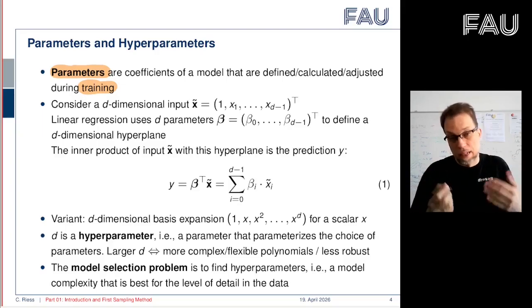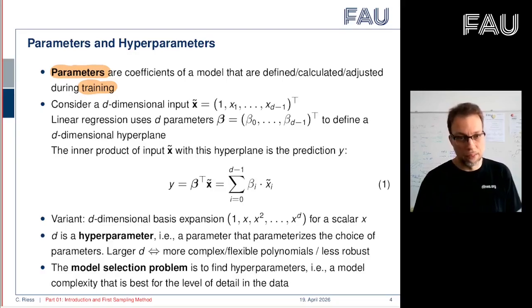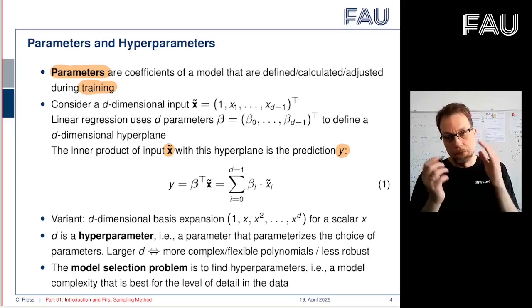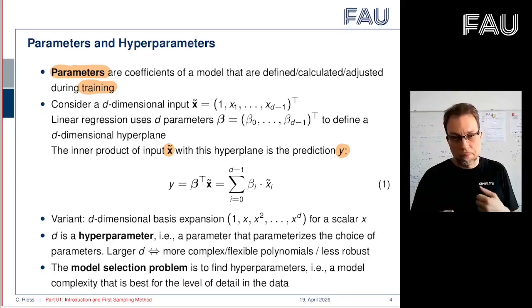This is a repetition again from pattern recognition. You probably noticed this. What linear regression does is calculate an inner product of input x with the hyperplane, and this leads to the prediction y. So y equals beta transpose x, which expands to a sum over these d dimensions, where every dimension is individually multiplied together and added up.